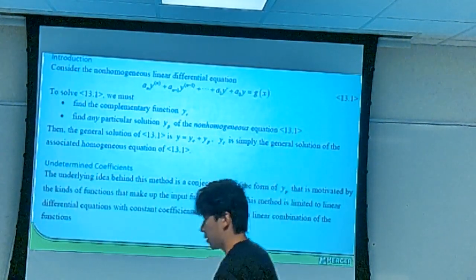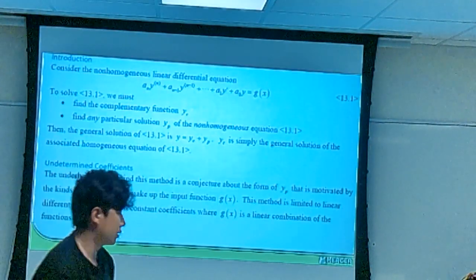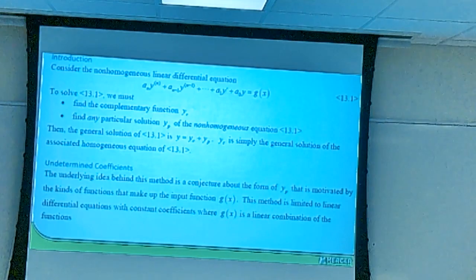Then you have to find a particular solution. There are 3 methods for that: undetermined coefficients, the annihilator method, and variation of parameters. I'm ignoring annihilator, because it's very similar to undetermined coefficients. We look at undetermined coefficients today.